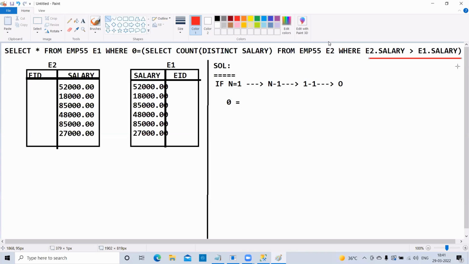E1 is the outer and E2 is the inner. E1 is the outer, E2 is the inner, right?